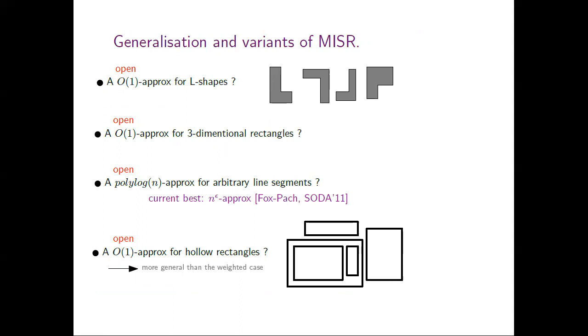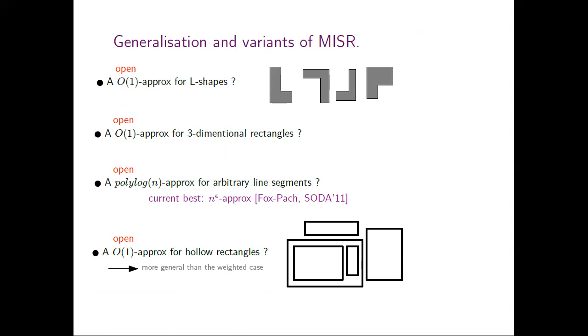We can imagine some generalizations of variants, like instead of rectangles, what if we have polygons with 6 sides, like L shapes? Then it's not clear that our techniques could generalize to this.